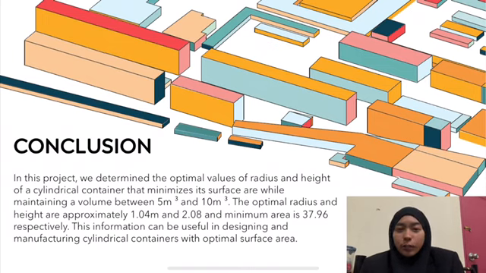The optimal radius and height are approximately 1.04 meter and 2.08 meter, and the minimum area is 37.96 respectively. This information can be useful in designing and manufacturing cylindrical containers with optimal surface area.